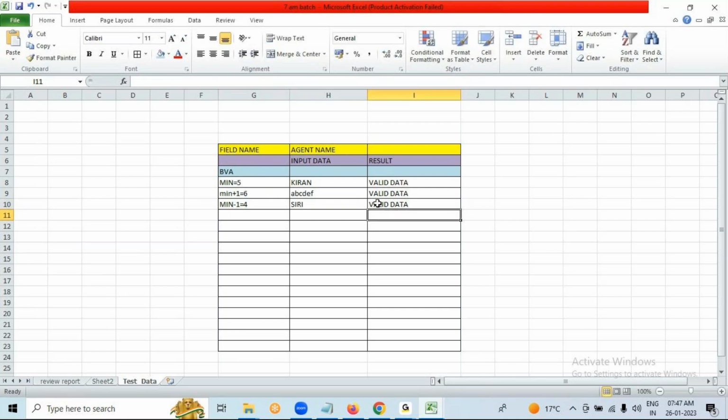See, the minimum is 5, right? So if it's 4, it's invalid. I think it is between 5 to 8. Yeah, so it should be invalid.